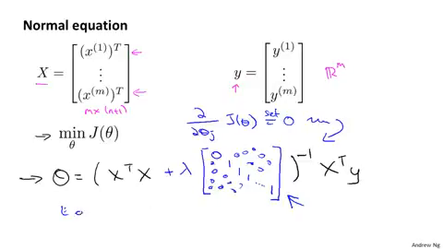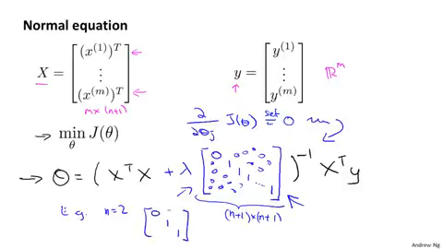But as a concrete example, if n equals 2, then this matrix is going to be a 3 by 3 matrix. More generally, this matrix is an n+1 by n+1 dimensional matrix. So if n equals 2, then that matrix becomes something that looks like this. It will be 0, and then 1s on the diagonals, and then 0s on the rest of the off diagonals.